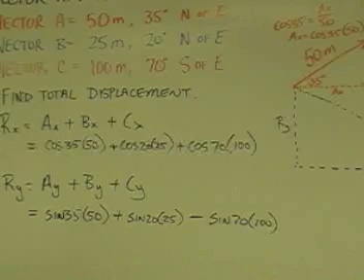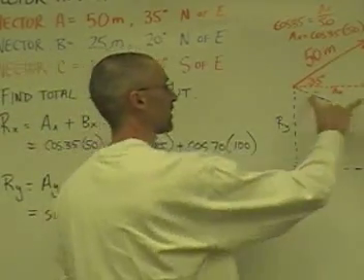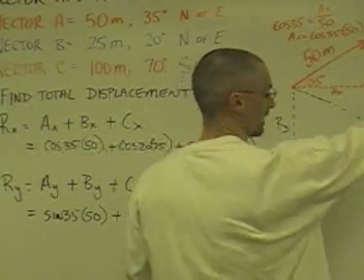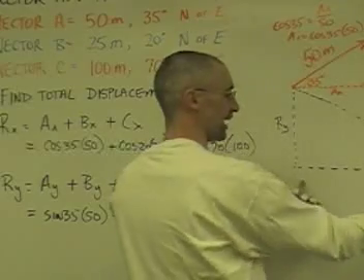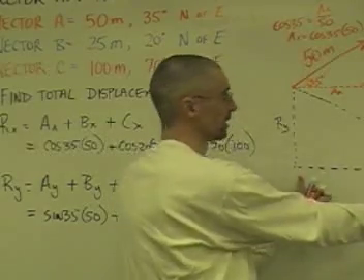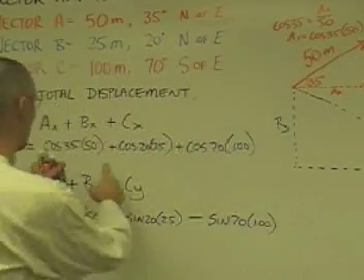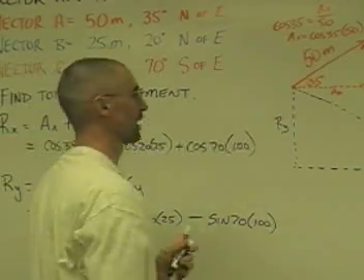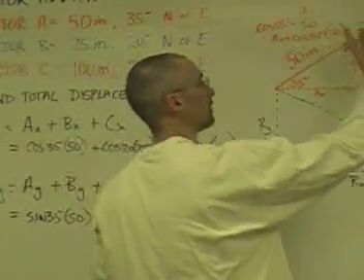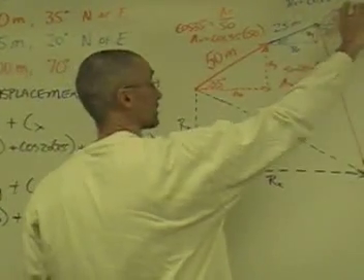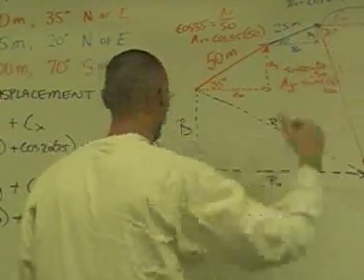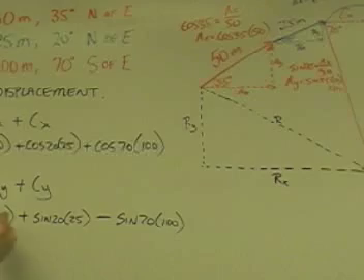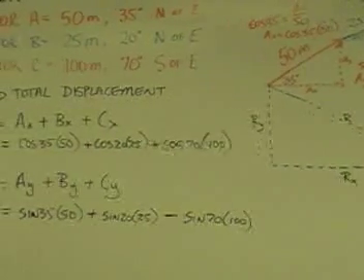Okay, so what that is basically telling us is if we take our AX, our BX, and our CX and we add them together, that will give us our RX. Okay, so we have AX, BX, and CX giving us our RX, and then we have our AY plus BY plus a negative CY, or minus CY, is going to give us our RY.